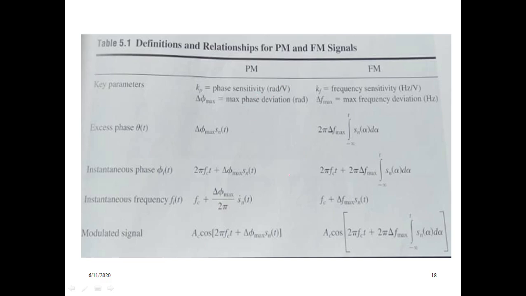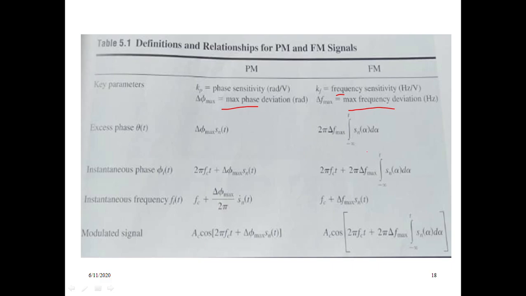This table I got from the textbook. So the key parameters, we have to know what the phase sensitivity and frequency sensitivity are, and also what the max frequency deviation and max phase deviation are. And then we have to know what the excess phase is. This is the extra part, like 2 pi fc t plus what.